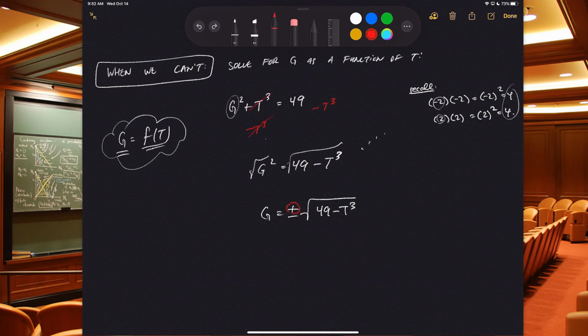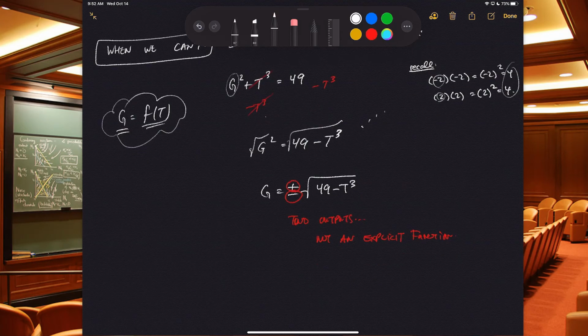But what this really means is you have two outputs. So this is not a function. Okay, so here, since we know that there's two outputs for each input, because how this really translates is g equals the square root of 49 minus t cubed, or g equals the negative square root of 49 minus t cubed.